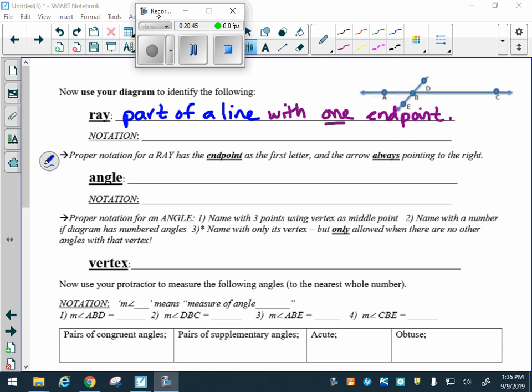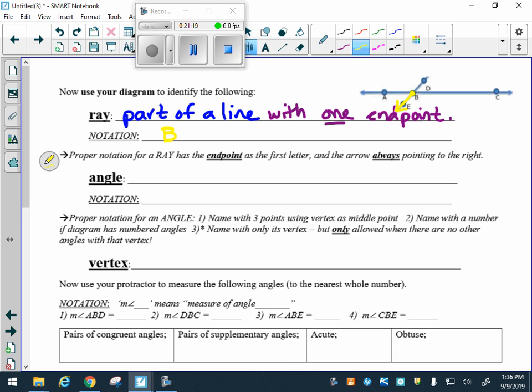So let's highlight a ray here. I'm going to start at point B, and I'm going to go this direction. That's a ray. It has one endpoint and then an arrow that goes forever in one direction. Now, to name that, the proper notation, the first letter is always the endpoint, meaning the point that doesn't have the arrow. So what's the endpoint of what I highlighted there? So we're going to write that first. And then you're going to pick any point that ray goes through.